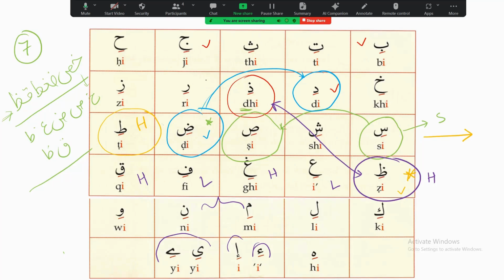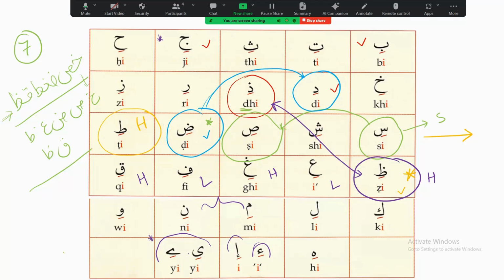Again, just like the Jim alphabet, I said you're supposed to avoid making that kind of sound. The same is the case with the ya alphabet, because the articulation point of the Jim and ya is actually the same, which is the middle portion of our tongue, raised towards the palate. So for the ya letter again, there is a possibility that you end up making the yi, this kind of sound.